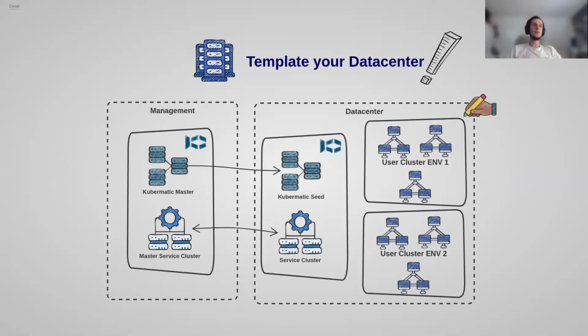The good thing with this approach is that every user cluster where you run your workload only consumes 0.3 CPUs, and it's running on the worker nodes of the seed cluster. So you have a really small overhead in each of the data centers to have HA user clusters available for the different environments where you can run your workload.